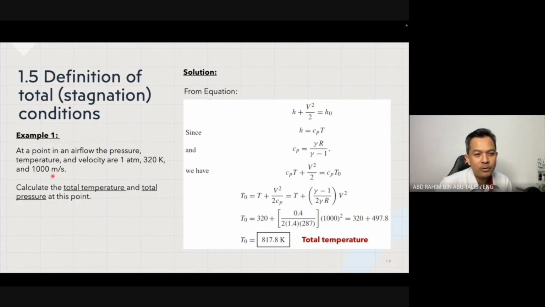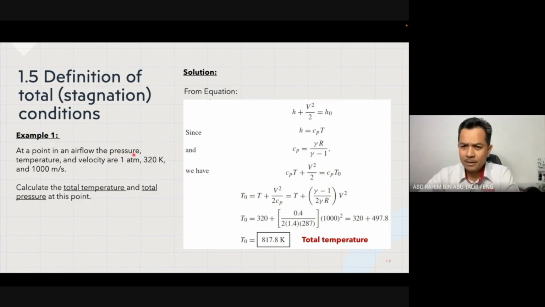What you need to find is the total temperature. Total temperature is T naught, not the temperature given. And what is the total pressure, P naught, at this particular point in the airflow?